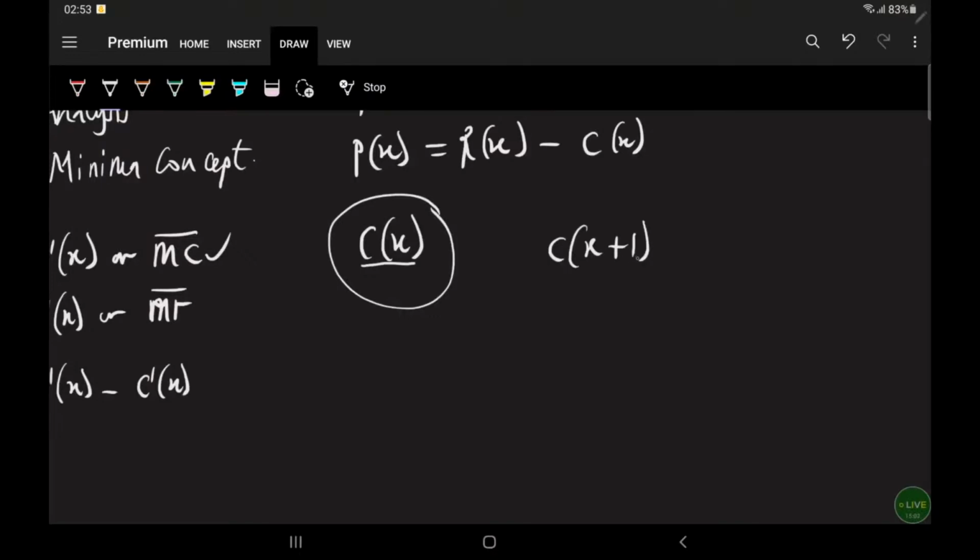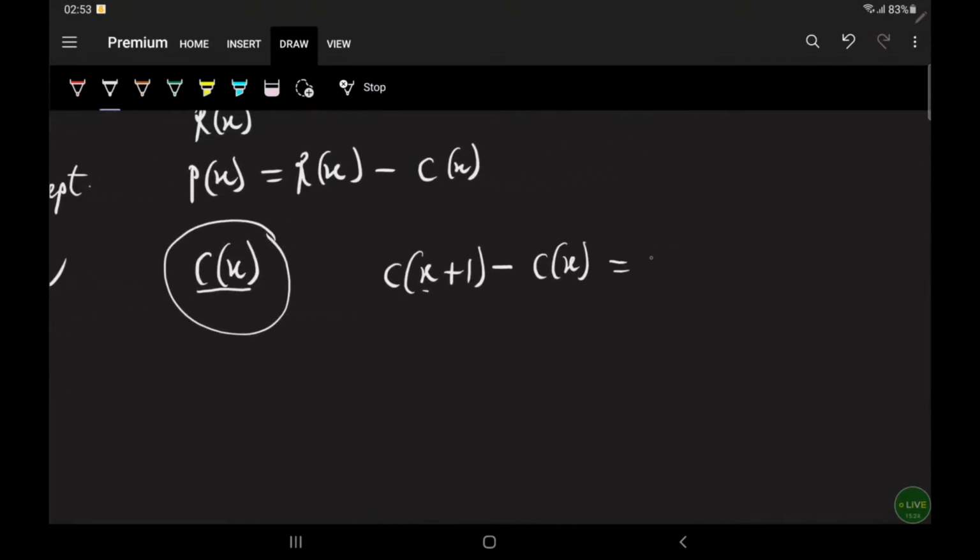So you add 1 to the normal output x, and compare with your normal cost of producing x. This is what we call the exact cost of producing one item.